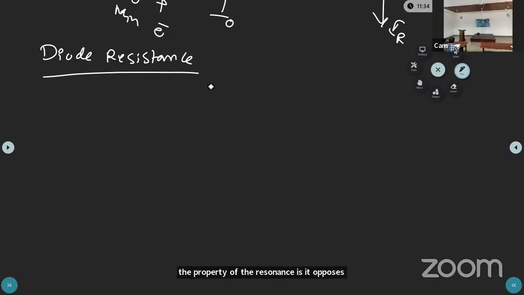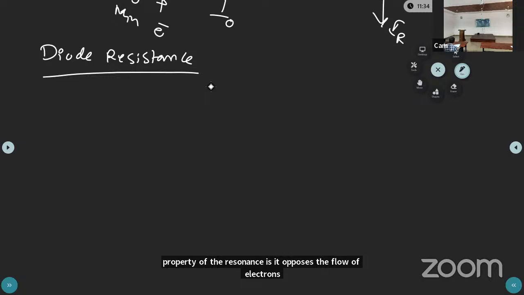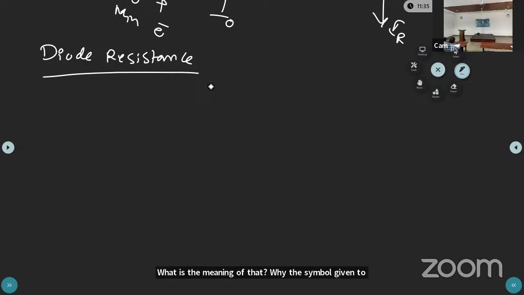What is the symbol of resistance? What is the meaning of that? Why is that symbol given to resistance? What do you find on the road? Speed breakers, right. If there are many, that will stop the speed, that will control the speed.